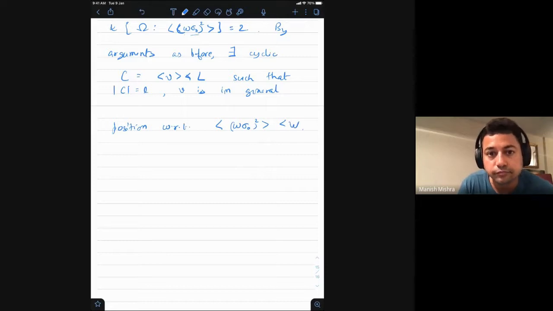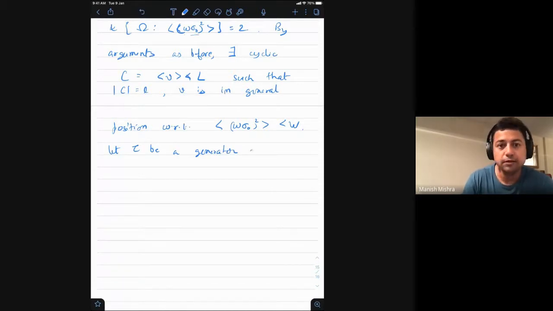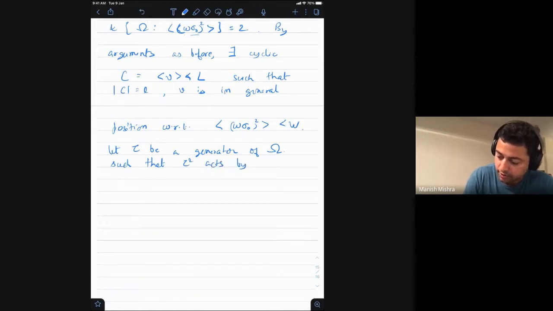Let tau be a generator of omega such that tau square acts by q square.